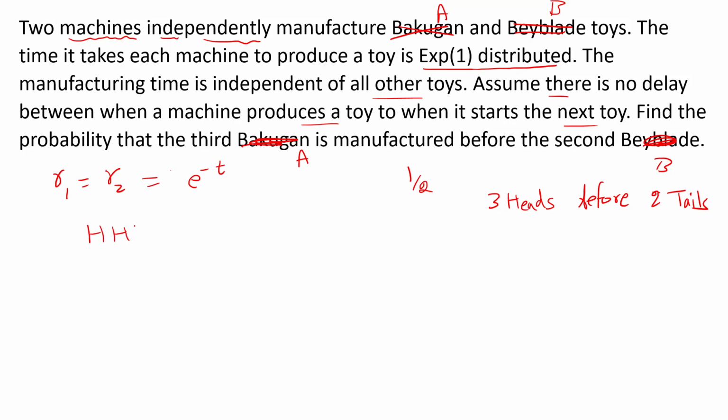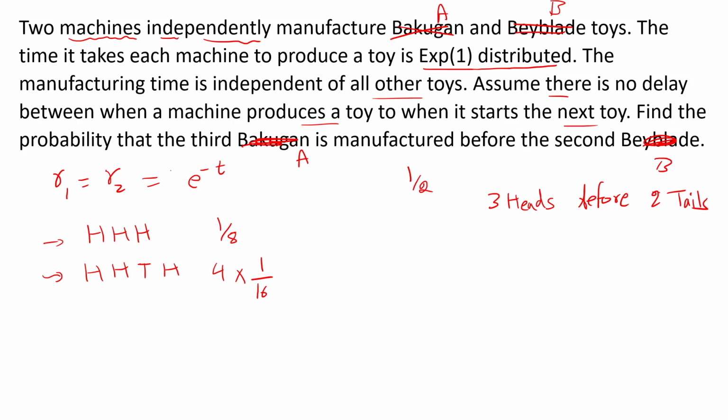You can get 3 heads in a row, or you can get 3 heads before the 2 tails with only 1 tail, through rearrangement. The probability of getting 3 heads in a row is 1 by 8, and of 4 heads is 1 by 16, and there are 4 possible ways to have 3 heads and 1 tail, so this would be 4 by 16.